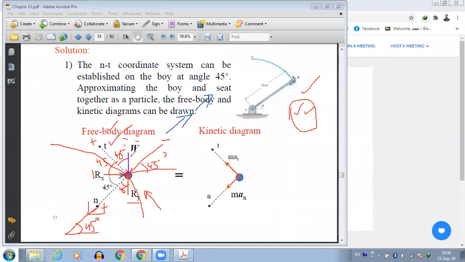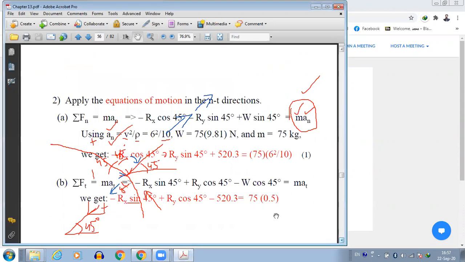If I take the projection of the weight on the normal axis, that would be in the positive direction, right? So the weight has a projection in the positive direction, while Rx and Ry have a projection in the negative direction. Okay, so let's hold it here and go back. See, Rx negative, Ry negative, weight positive. Is it clear?